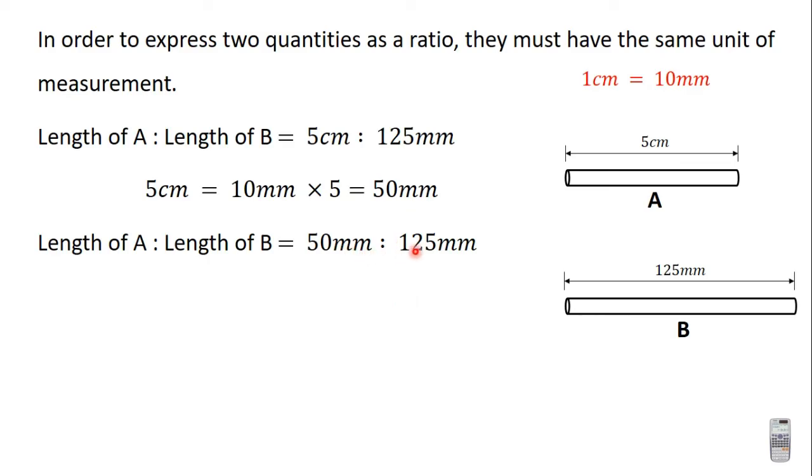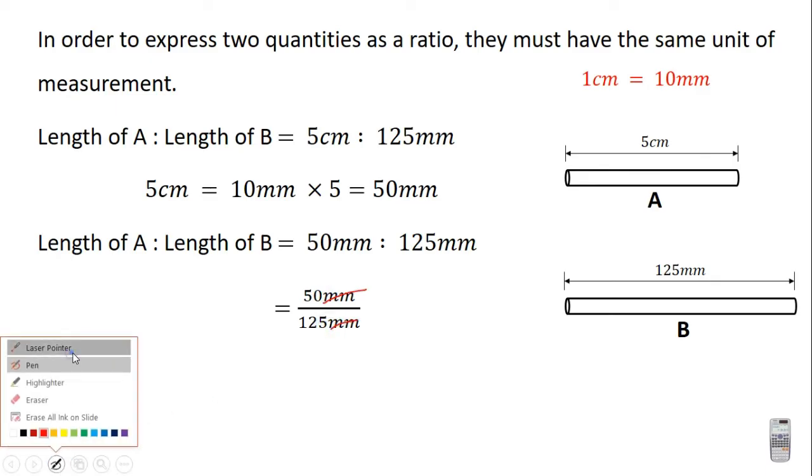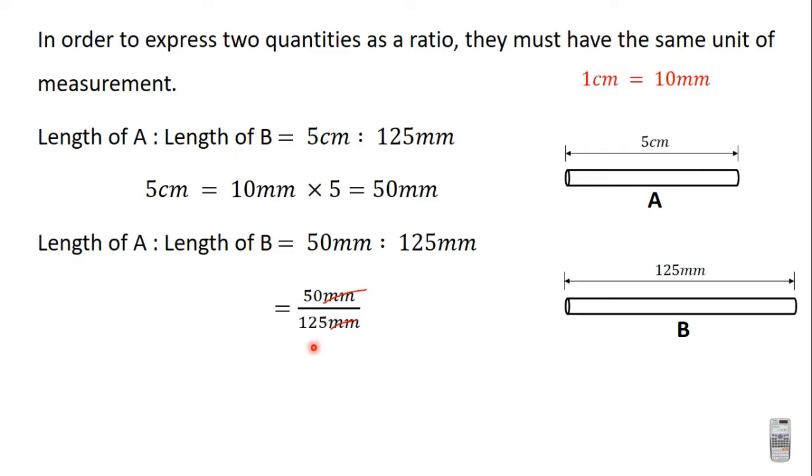50 millimeters is to 125 millimeters can be written as 50 millimeters divided by 125 millimeters. So millimeters will cancel millimeters, then we will have 50 divided by 125. 50 divided by 125 will give us 2 divided by 5, which can be expressed in the form of a ratio as 2 is to 5.